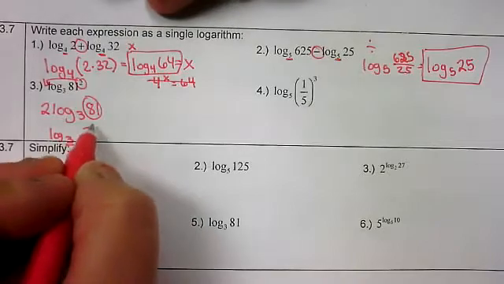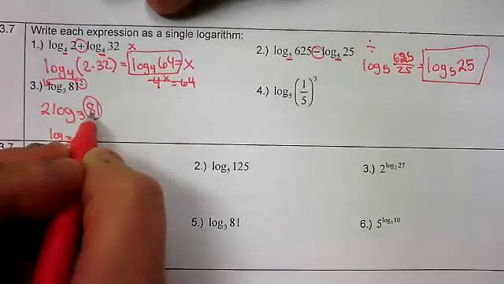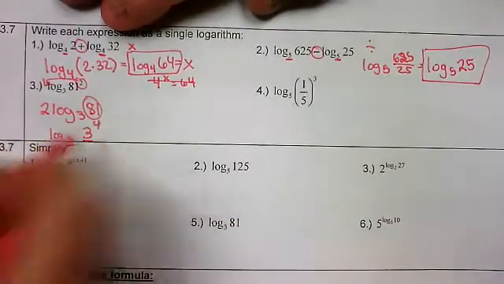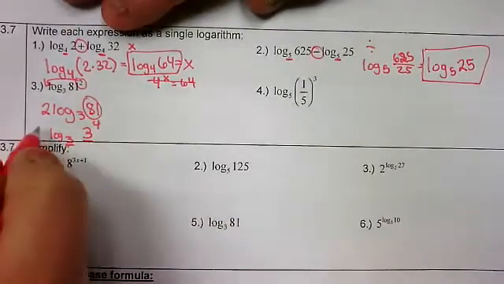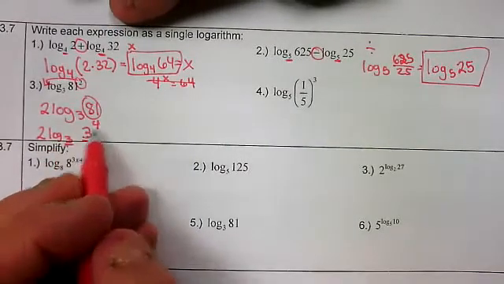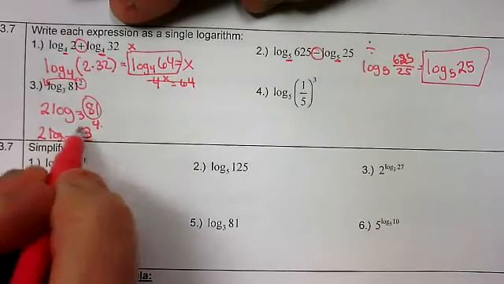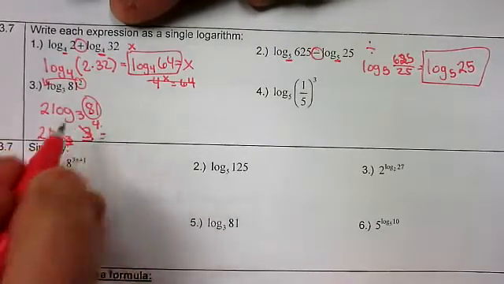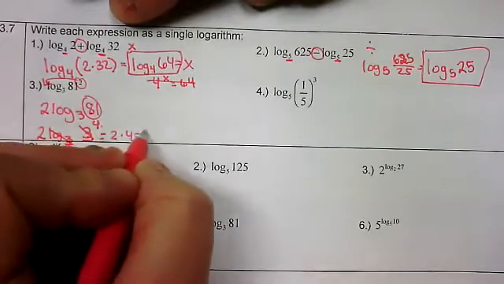So we need to see, can we raise 3 to some power and get 81? Yes, we can. 3 to the 4th power is 81. So now I'm left with 2 log base 3, 3 to the 4th. Well, this and this cancel. And then I'm going to be left with just 2 times 4, which is 8.